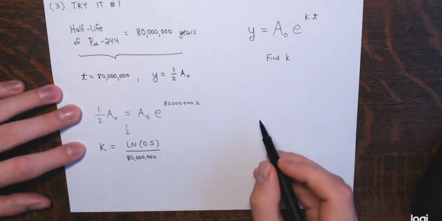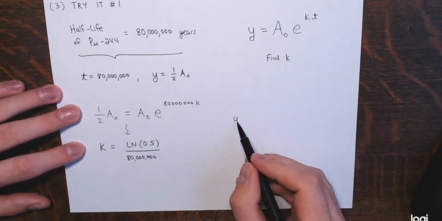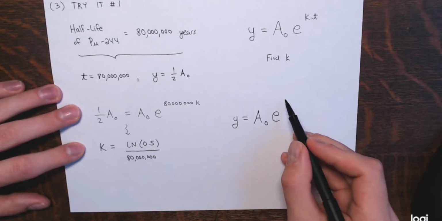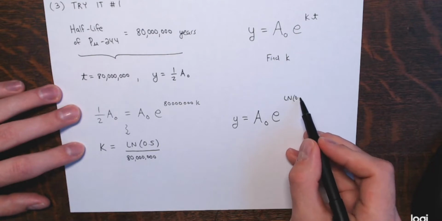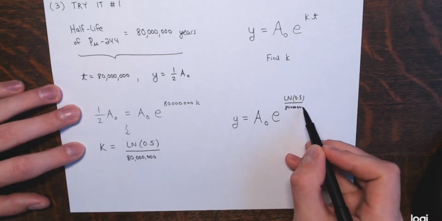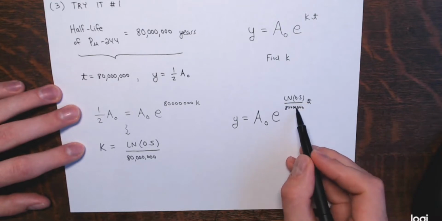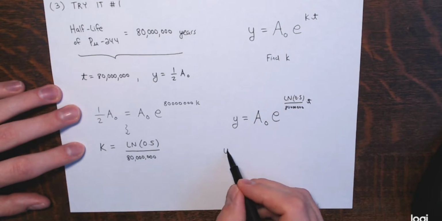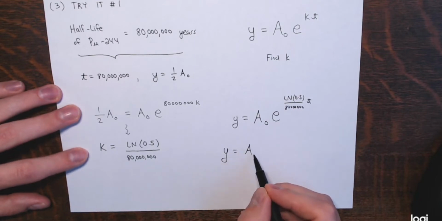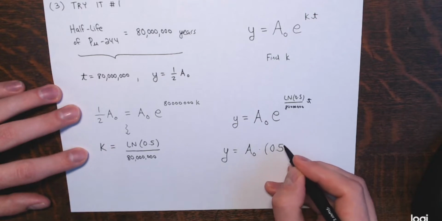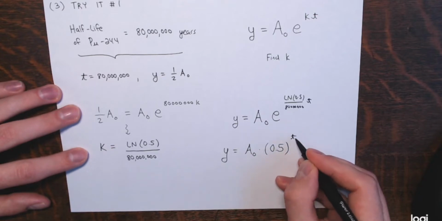Now when I punch this in, we've got y equals A sub 0 times e to the natural log of a half divided by 80 million times t, and then you can take this t over 80 million and put it in as a power and get rid of the e and the log. So y equals the initial amount, A sub 0, times 1/2 to the t over 80 million power.